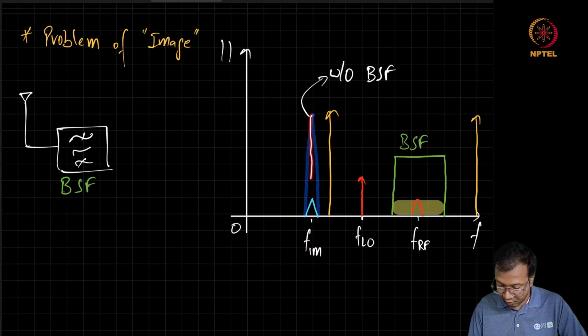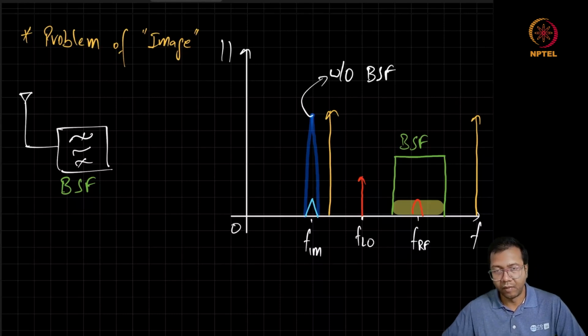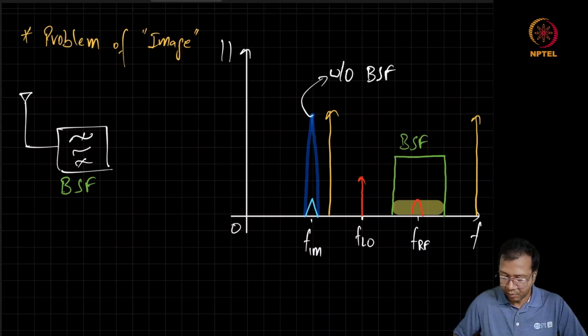It is attenuating it to some finite value so that at least these signals are reduced to levels which will not saturate or make the rest of the active blocks, for example, the variable gain amplifier and the ADC, go into the nonlinear region. So the job of the band select filter is to bring down all the out of band signals into power levels which can be processed by the active circuitry in the receive chain.